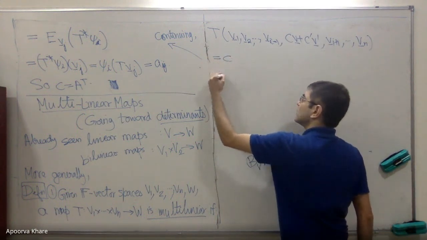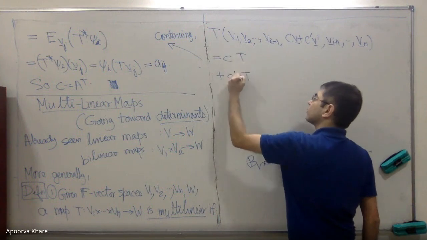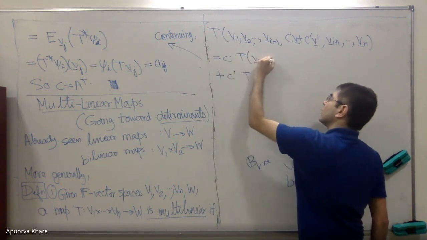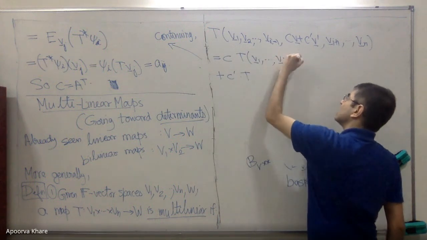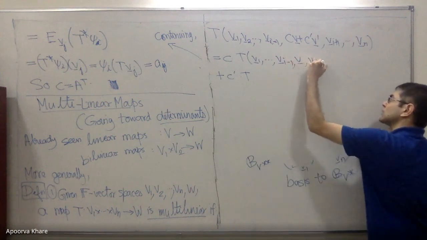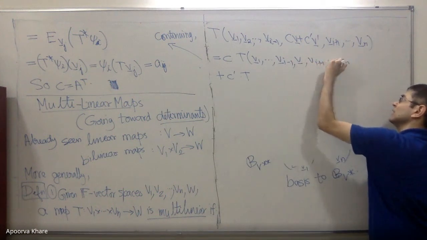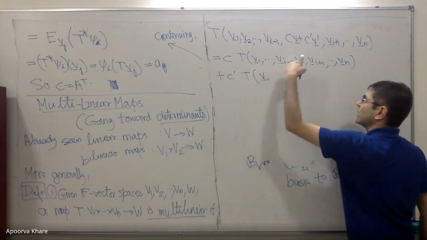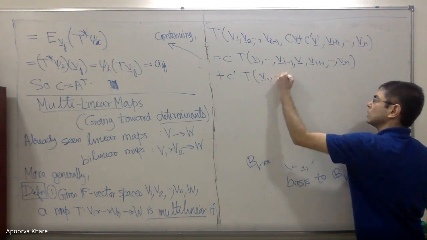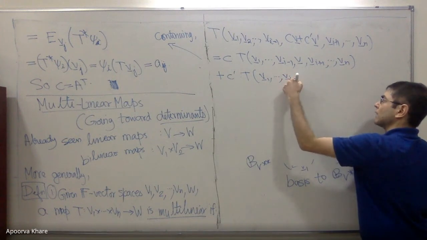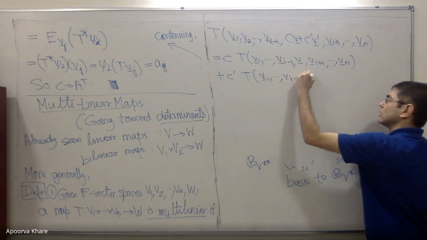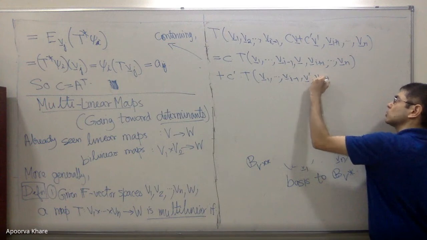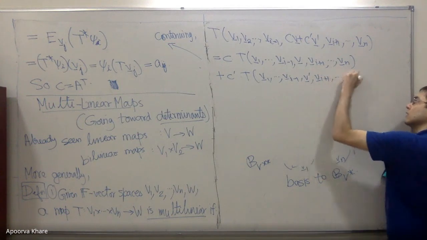So c times T of V1, Vi minus 1, v, Vi plus 1, Vn, plus c prime T of the same thing with v prime in the ith position: Vi minus 1, v prime, Vi plus 1, Vn.